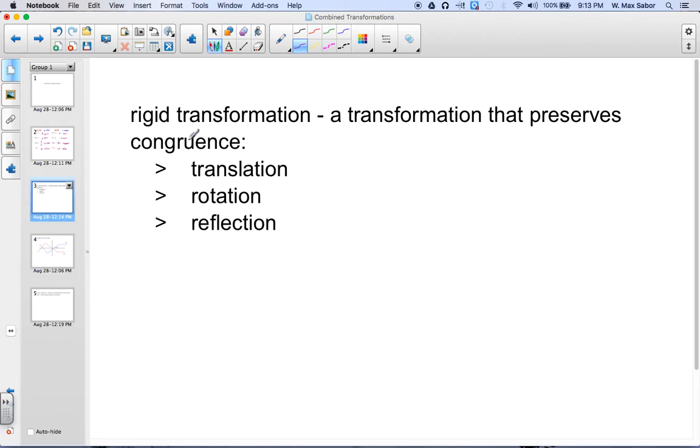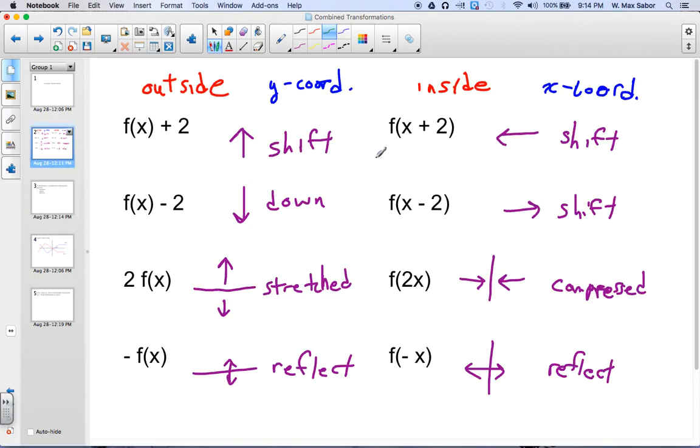Back in geometry, we talked about rigid transformations. A rigid transformation is one that preserves congruence. The 3 that we're looking at are translation, rotation, and reflection. Of these, most of them are, in fact, rigid transformations or rigid motions.